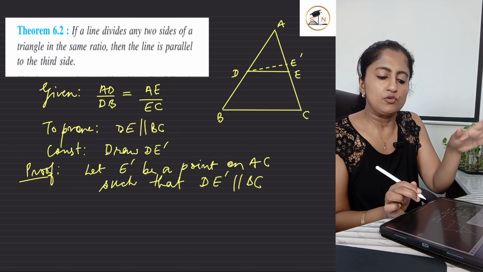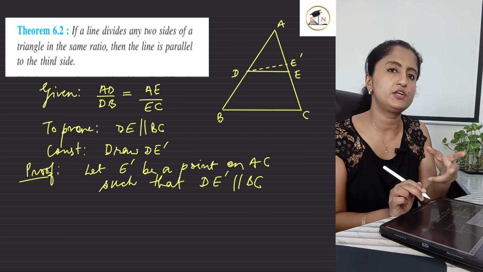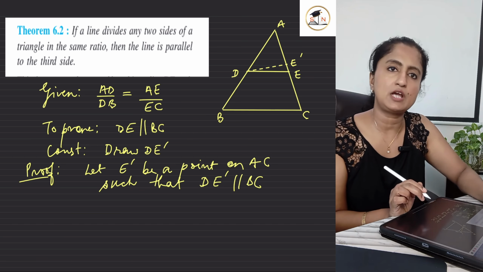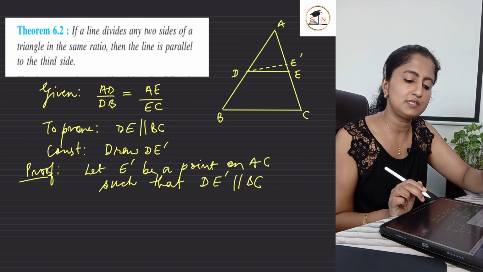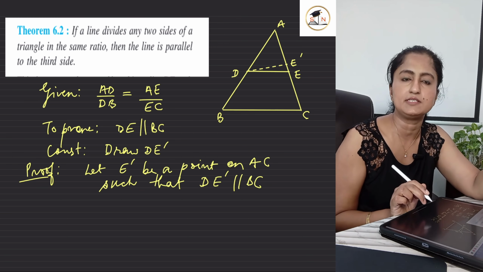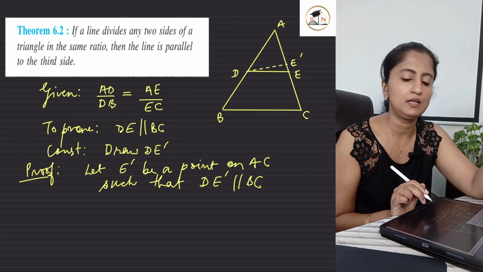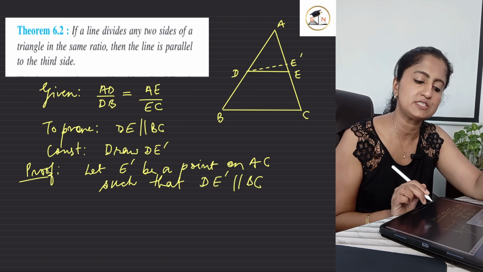Okay. We are actually going to follow the principle of contradiction. Principle of contradiction you had also learned in the first chapter, real numbers, right? Over here also we are going to do it, because we know that DE dash is not parallel to BC. But we are going to assume that so that we come back to the given thing which we are supposed to prove, which is DE.